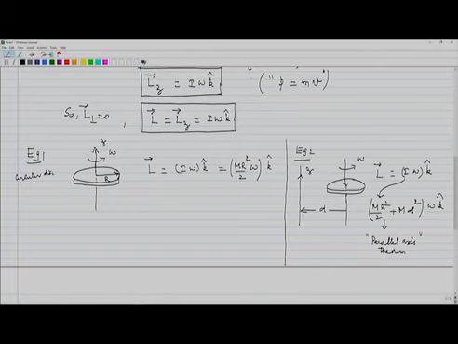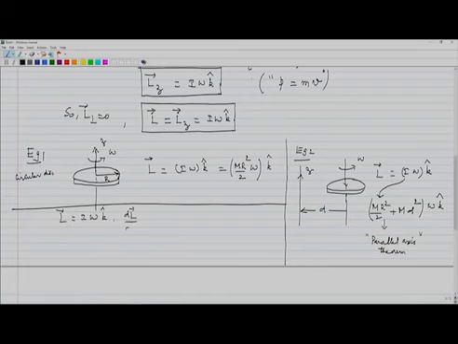We will make a few comments before we proceed further. So L is equal to I omega times k. Now what is dL by dt? dL by dt is equal to I times d omega by dt times k. d omega by dt is alpha, therefore I alpha times k unit vector. I alpha, yesterday we have seen, is nothing but the torque.